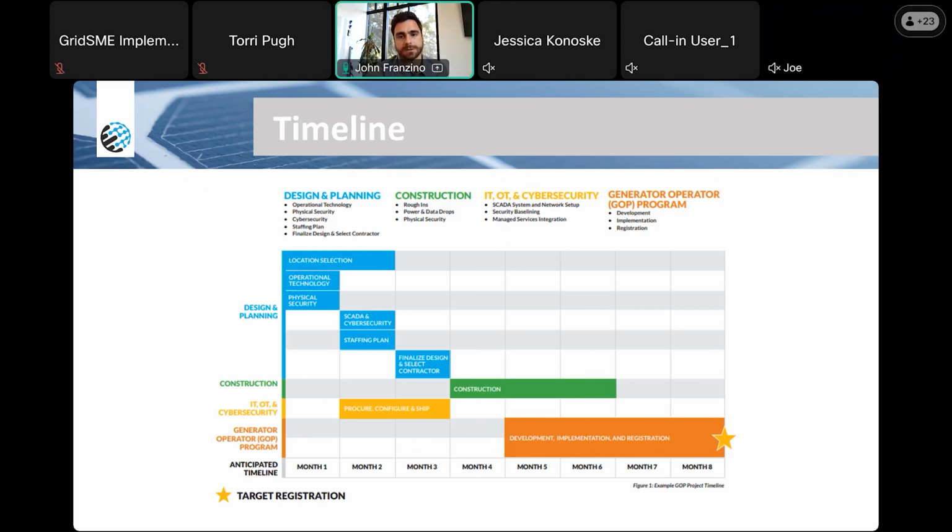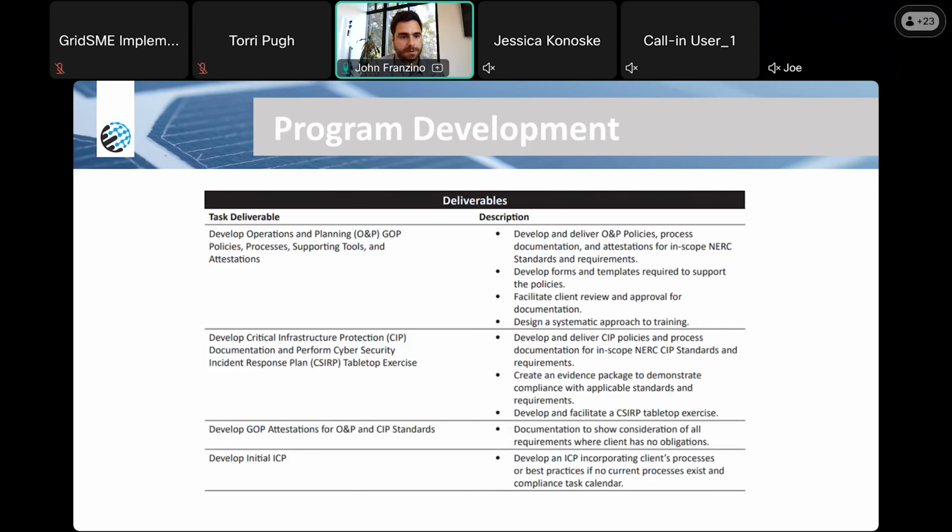So developing all the policies and procedures, meeting the requirements we just spoke about, plus more that we didn't have time to get into. The training that needs to occur for operators prior to registration, all of that. So here is an unpacking of that a little bit.